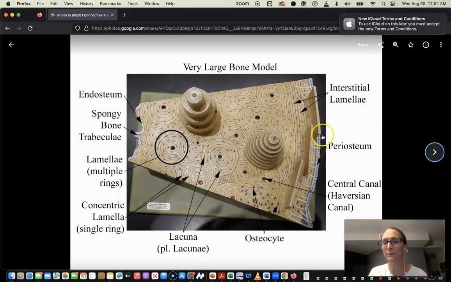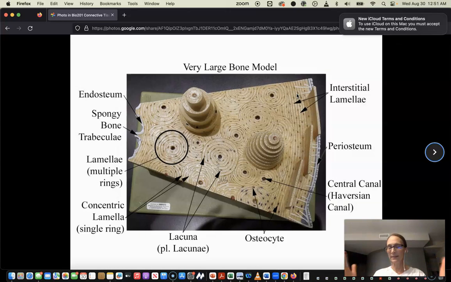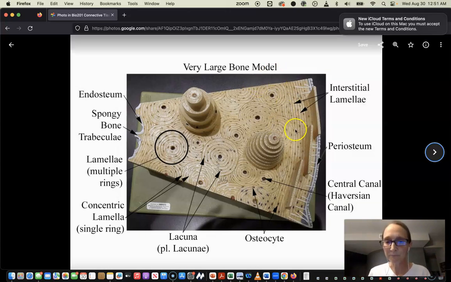So again, you'll see the interstitial lamellae really on these cross sections where you have a cross section of an entire bone. And so then we'll have these osteons, and these osteons are going to have what are called the concentric lamellae, because they're going to be surrounding a central canal.